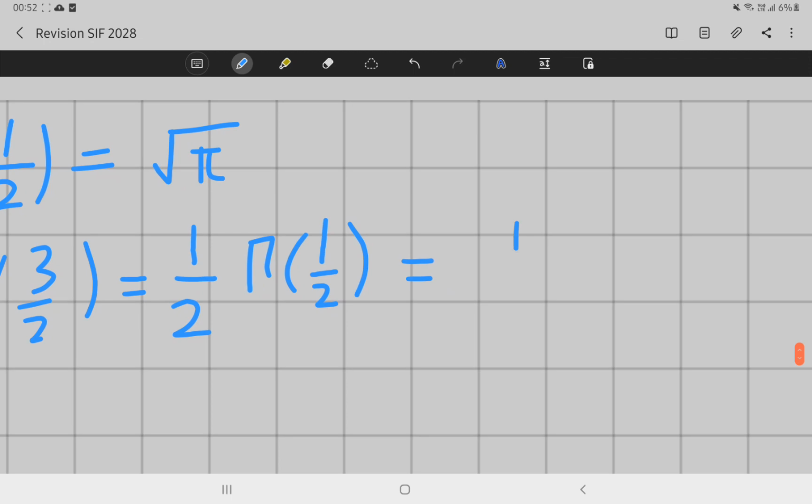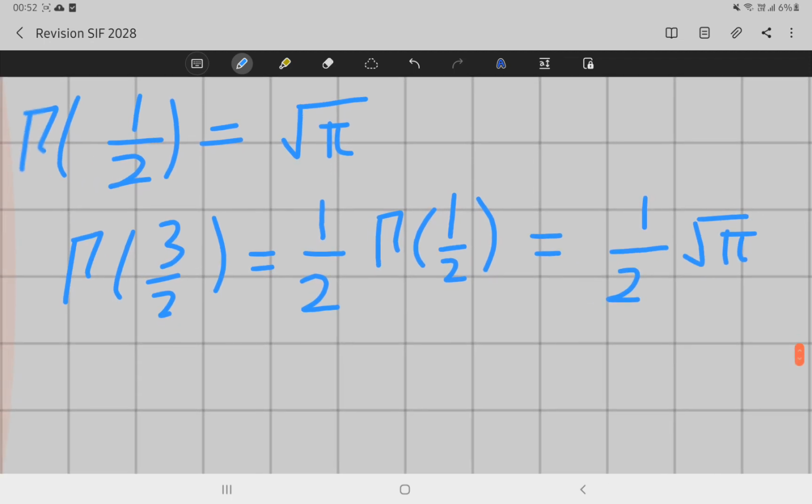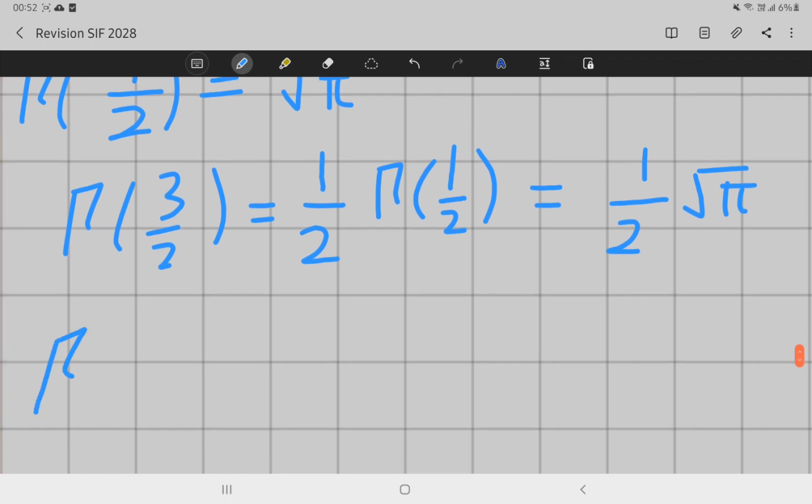So this is half square root of pi, and then next is 5 over 2.